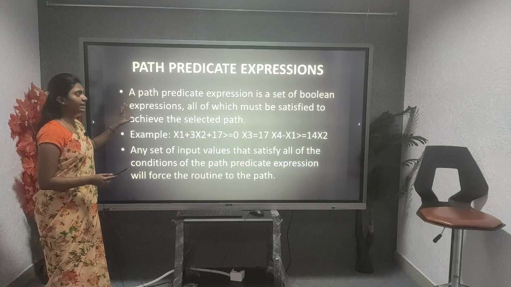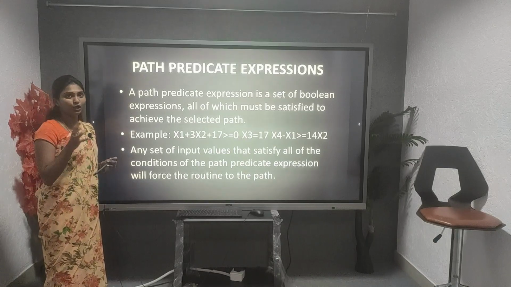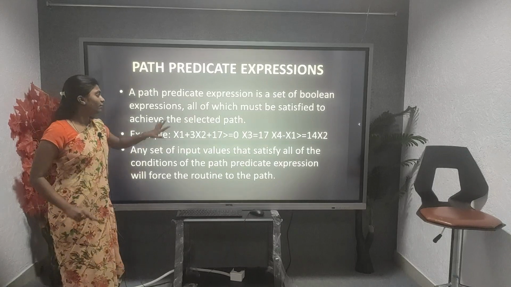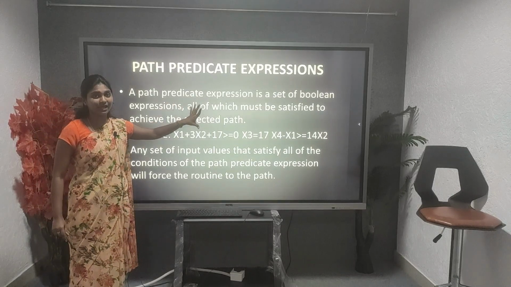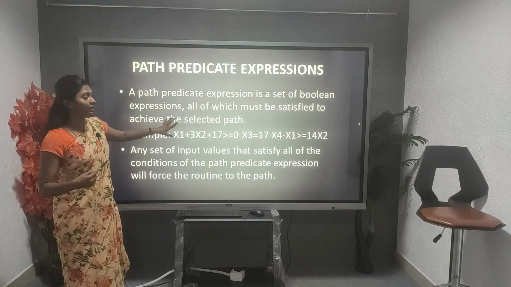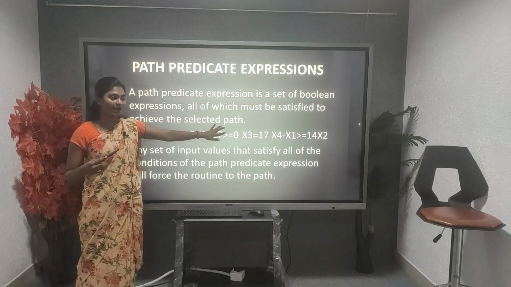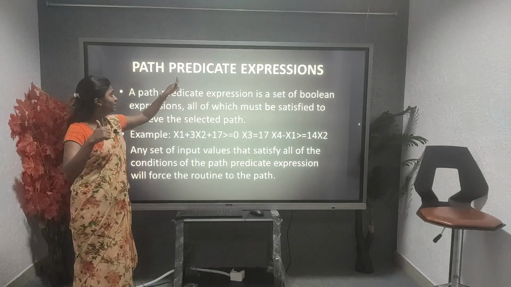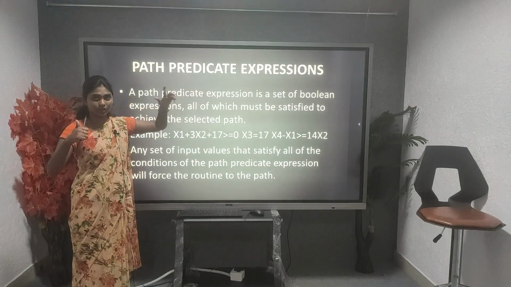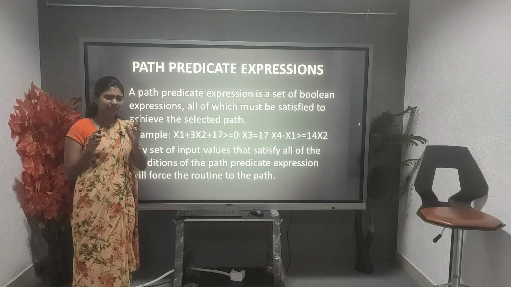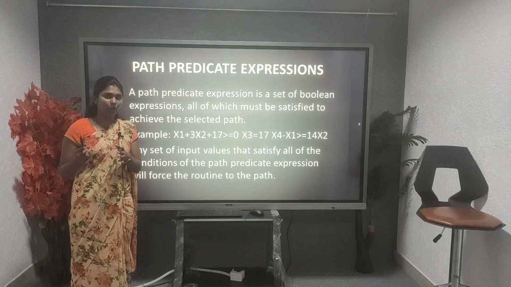A path predicate expression is nothing but a Boolean expression. In this Boolean expression we select the expression as a variable which must satisfy the path. The path is connected to the predicate. So this path predicate expression, whether it is a Boolean expression or any expression, must connect to the variable of a path.